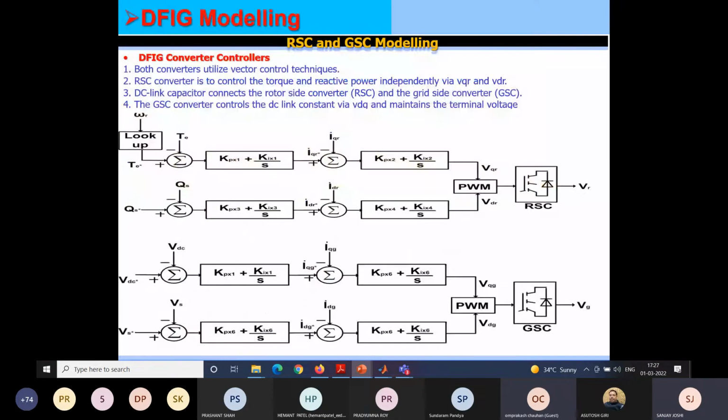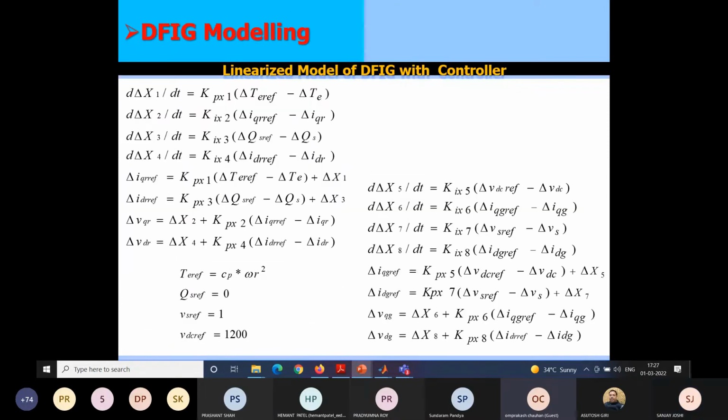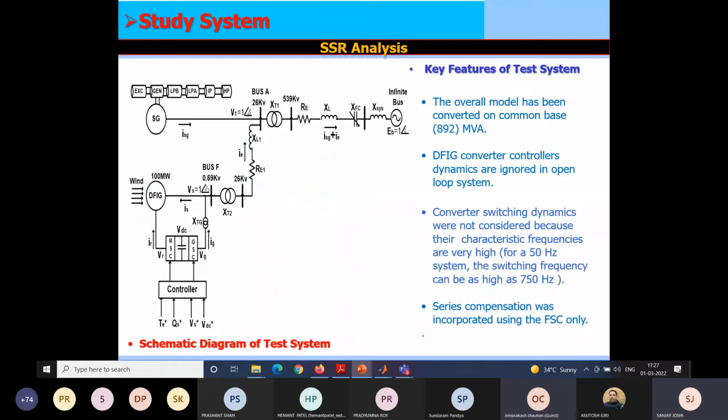So this is how you can model the controllers for the rotor side converter and for the grid side converter. You just have to use these variables and implement the equations in Simulink as well as in the modeling file. They are the detailed equations with controller. I will not go into the detail of that.